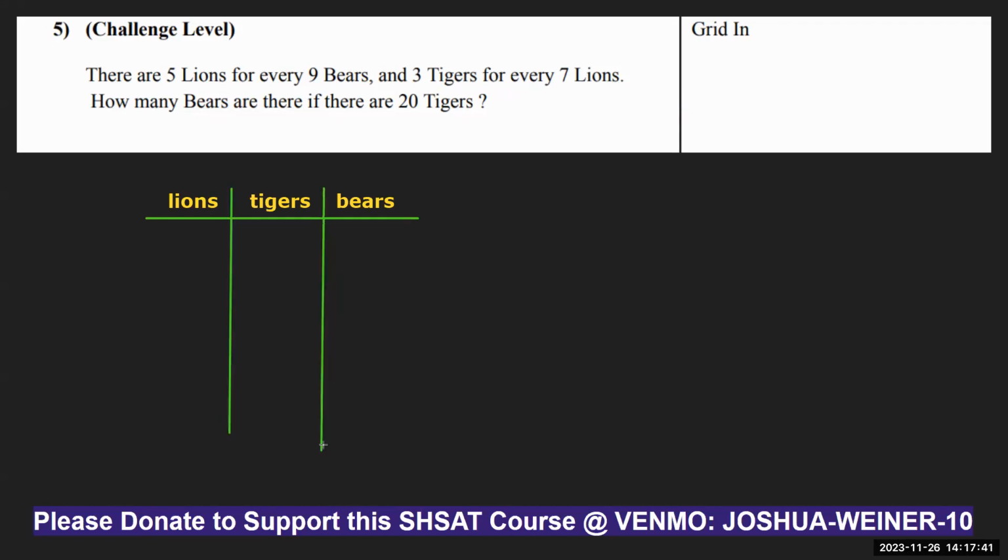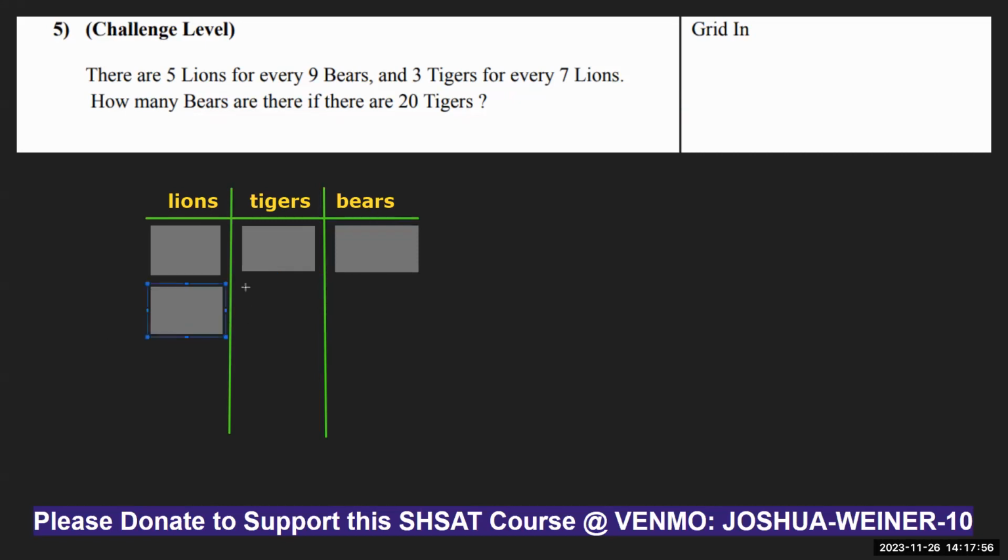I'm going to put up little cages for these fun facts. Fact 1, we'll put up some cages. And fact number 2, ratio. And then figure out the true ratio between all 3.